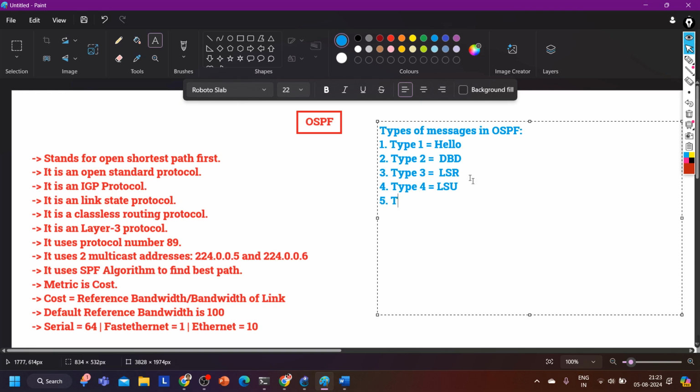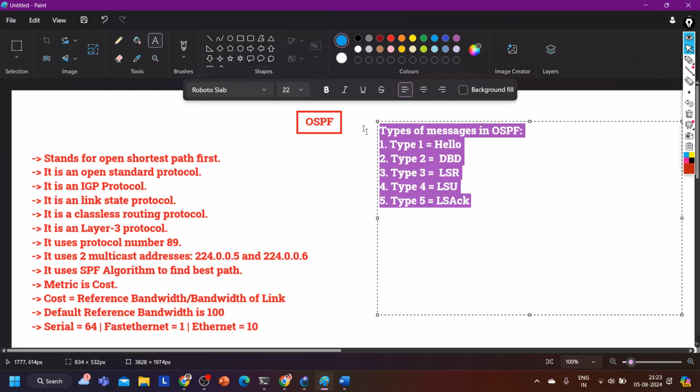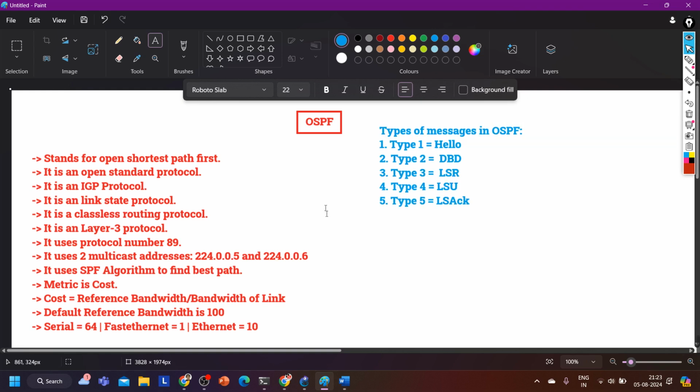Then type 5 message is LSAck, link state acknowledgement. So how many messages are there in OSPF? 5.